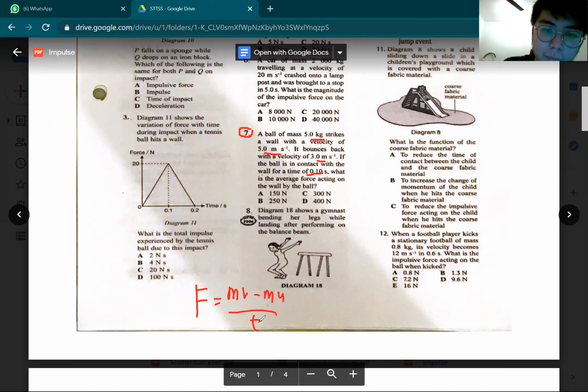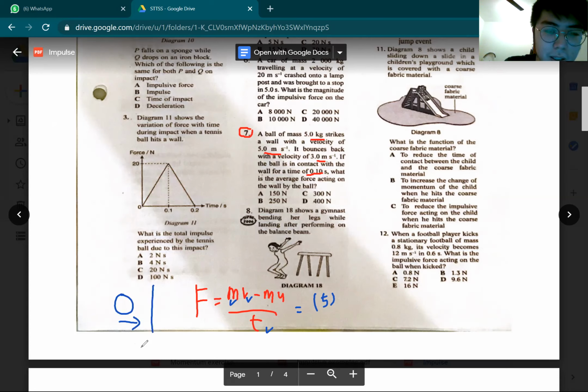So you have the time, you have the mass, your velocity, so should be no problem. So how do we calculate? 5 kg. Now, one thing you have to be careful again. The ball initially is moving towards the wall.